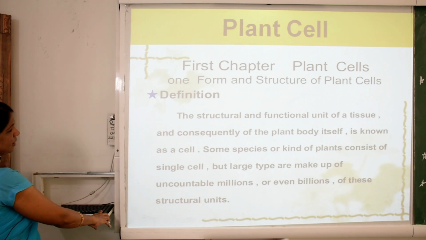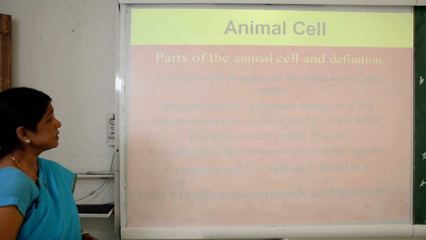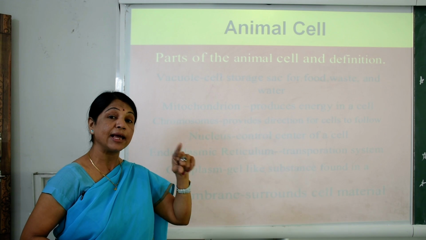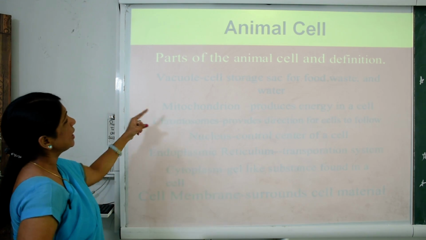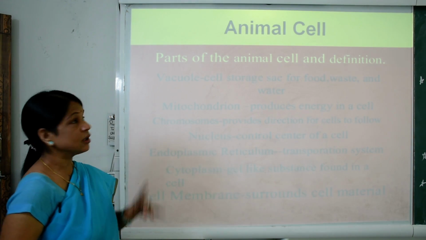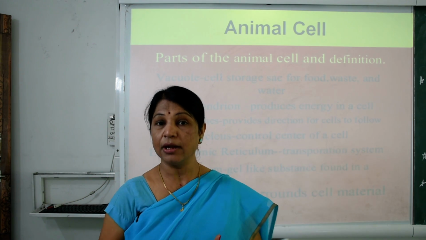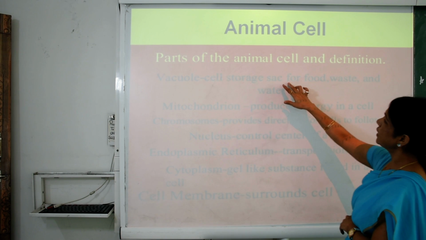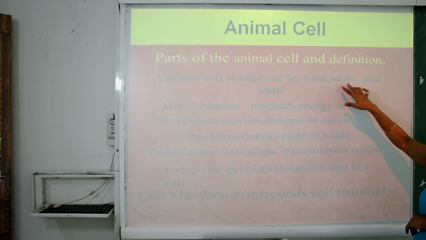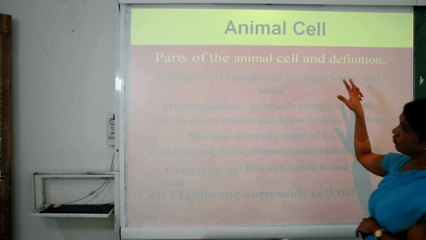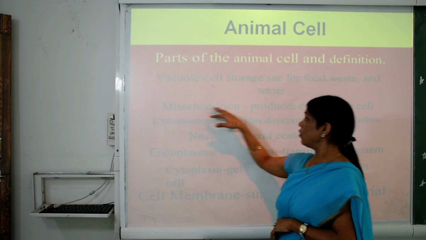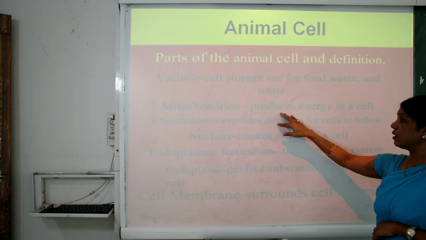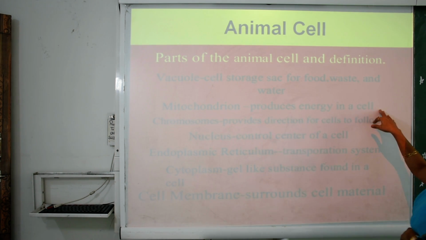Now further we see the animal cell. What is the animal cell? The parts of the animal cell: the cell has vacuoles. The animal cell has big vacuoles, storage sacs for food, waste and water. Mitochondria is the powerhouse and produces energy in a cell.